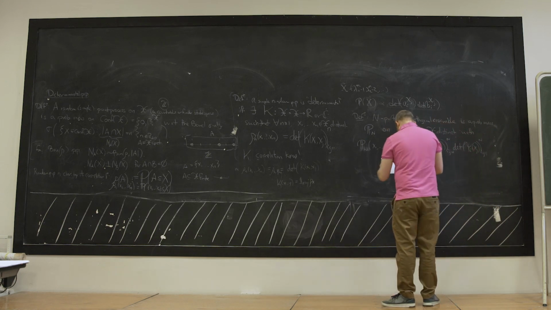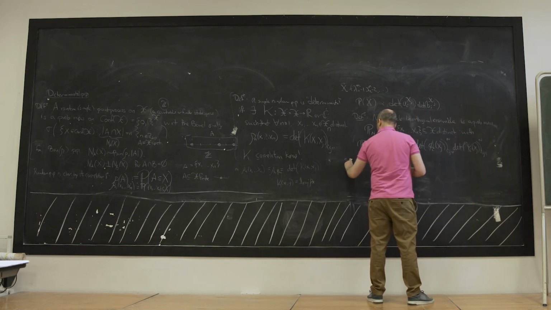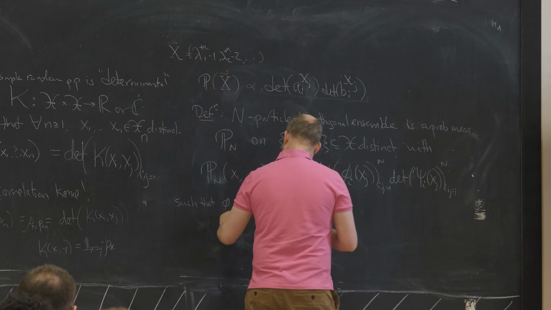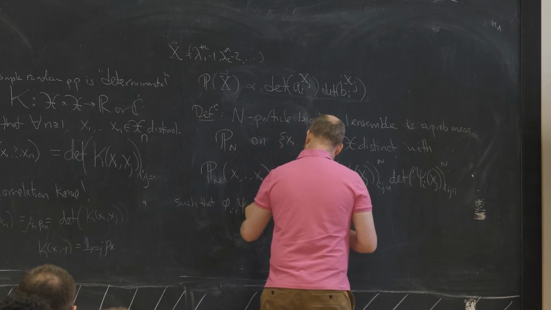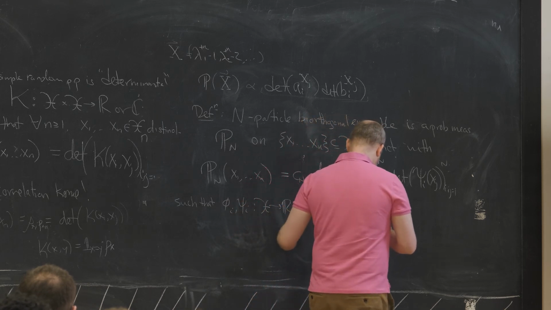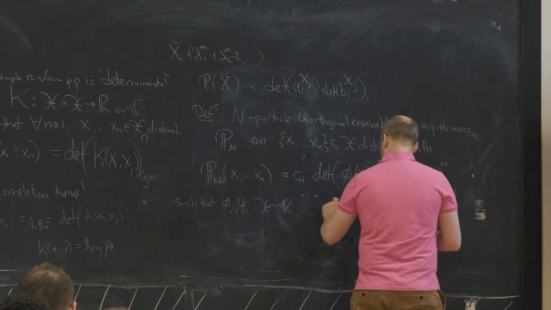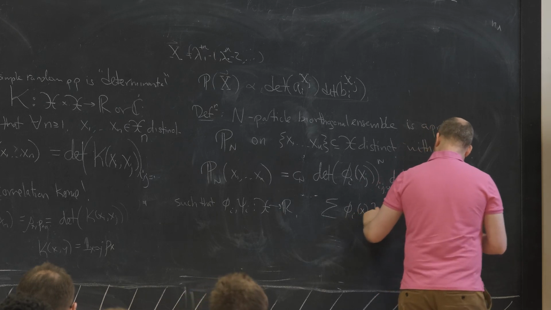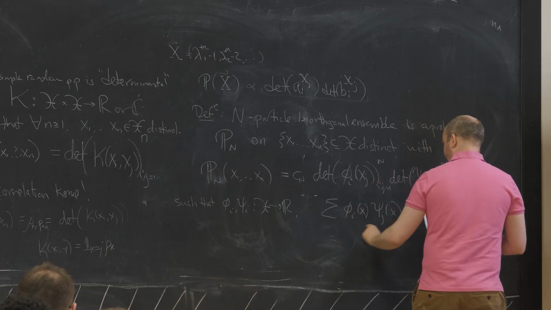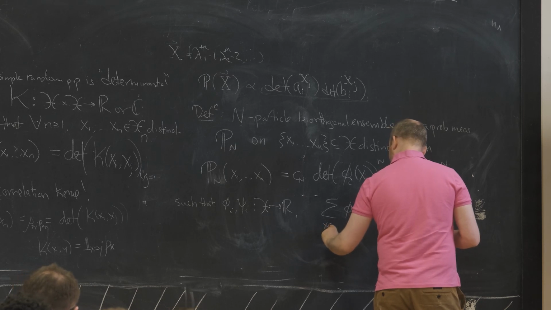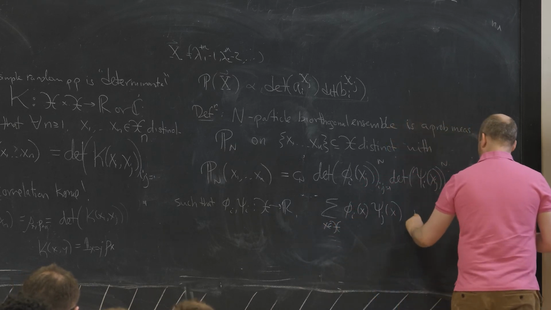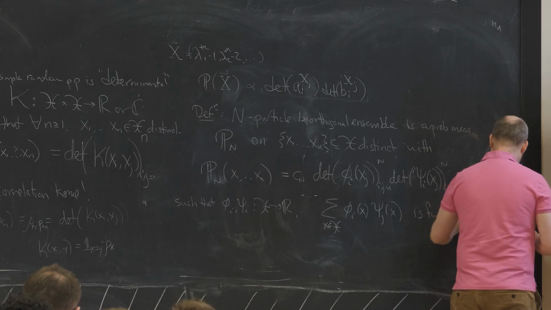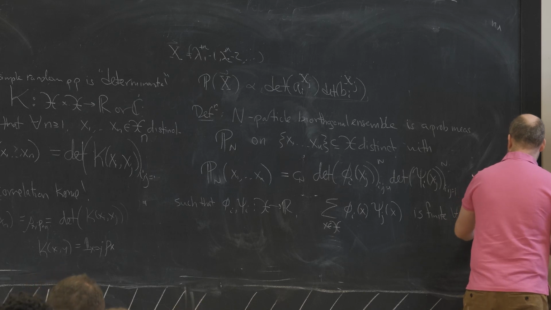And the only condition is that phi i and psi i are functions from chi to the reals, and this pairing of psi i of x and phi j of x summed over x is finite for all i and j in 1 through n.